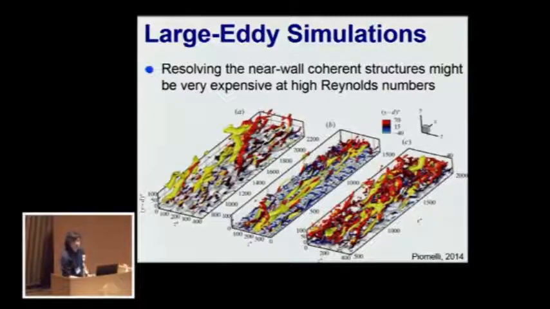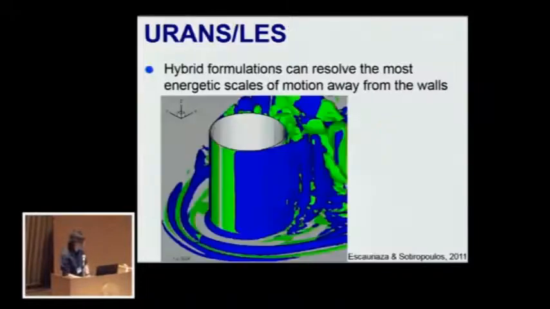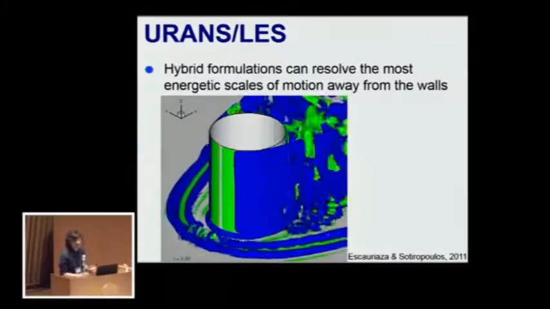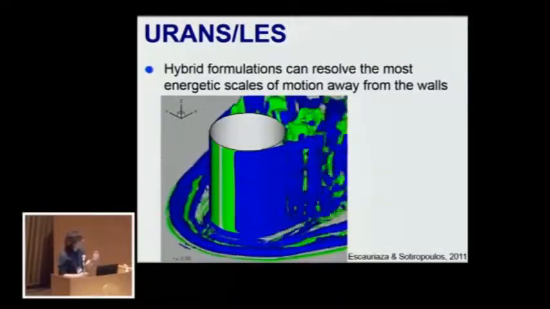There are several ways of overcoming this, especially in terms of resolving with LES structures that are not near the bed. You can either use a wall function, for instance, to represent how the turbulent boundary layer behaves, or you can use hybrid models which combine Reynolds averaging with LES.